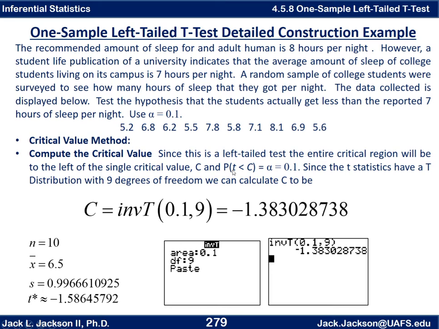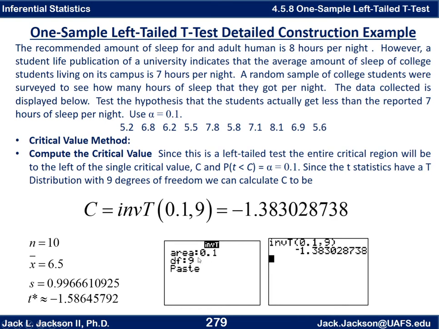So in other words, the probability that t is less than the critical value c should be alpha, or 0.1. Now, since the t statistics in this case have a t distribution with 9 degrees of freedom, remember that's one less than the sample size, we can compute c using an inverse t function. So c is inverse t of 0.1 comma 9, and that equals negative 1.38 something.